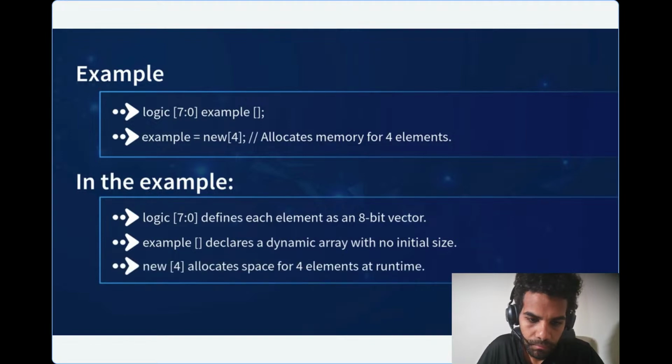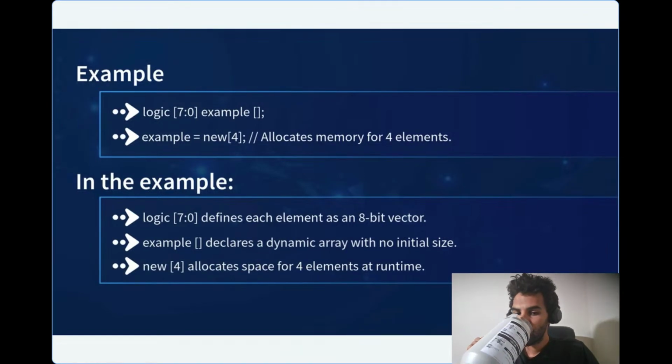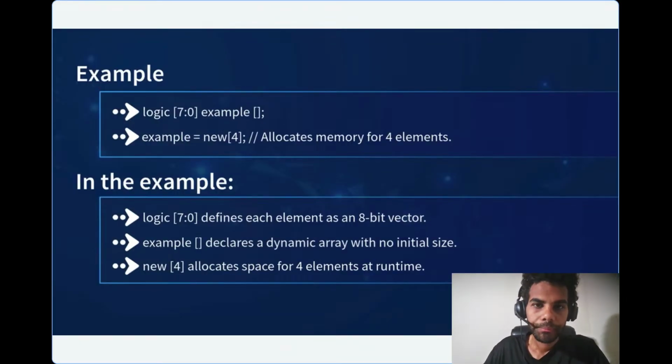And finally, the new[4] allocates space for 4 elements at runtime. Because a dynamic array starts empty, you must allocate memory before using it. We do this with the new method, specifying the number of elements we want.